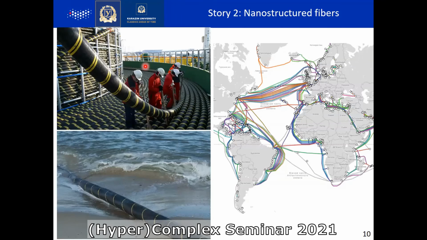So optical fibers are widely used in telecommunications. It is the main tool of our information transfer, because the data transferred by antennas, GPS, so radio, is much smaller, of course.